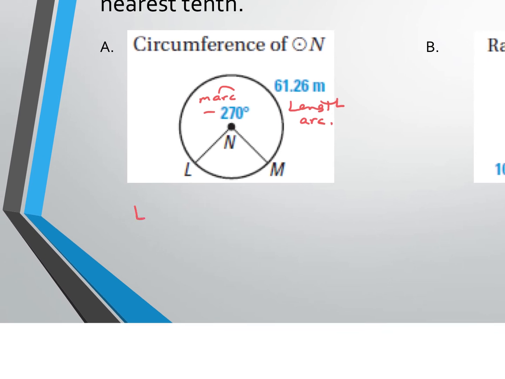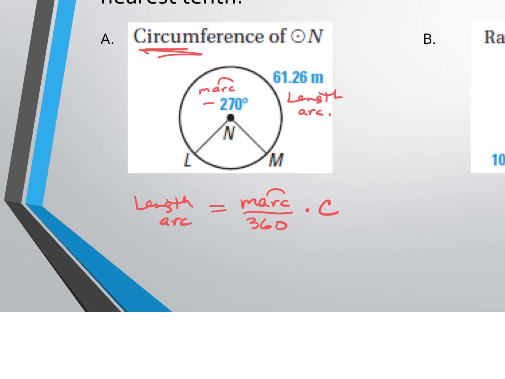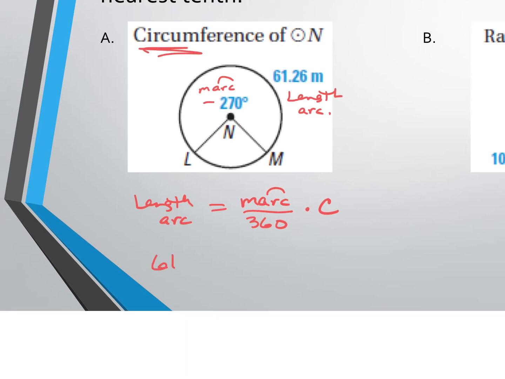So again, I'm going to use length of the arc is equal to the measure of the arc divided by 360 times the C, because I'm asked to find circumference. So I'm going to replace the length with 61.26. The measure of the arc is 270 over 360, and I'm solving for circumference.